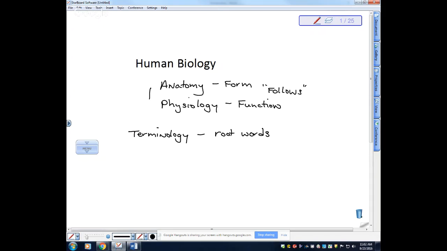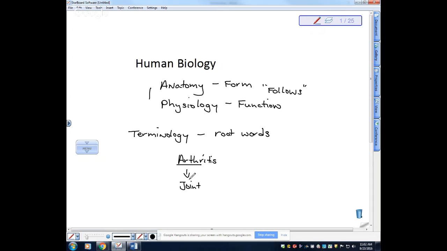This is why some people say, oh, I love science, but I have a hard time with biology, because in order to understand your textbook or what I'm talking about, we often use words that you might not have heard of, but if you break them down into their roots, you would be able to understand them. For example, a simple one that I'm sure everybody's heard of is arthritis. Arthro is joint.